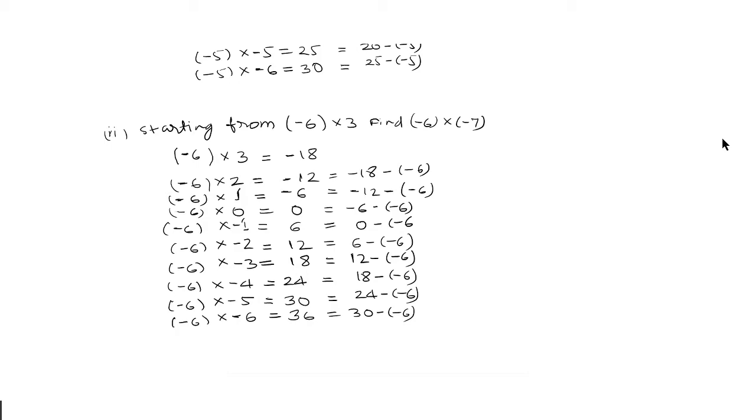Then minus 6 multiplied by minus 7, which is equal to 42, and we get it 36 minus minus 6. So minus 6 multiplied by minus 7 equal to 42, and we have proved that when two negative integers are multiplied, we get a positive integer.